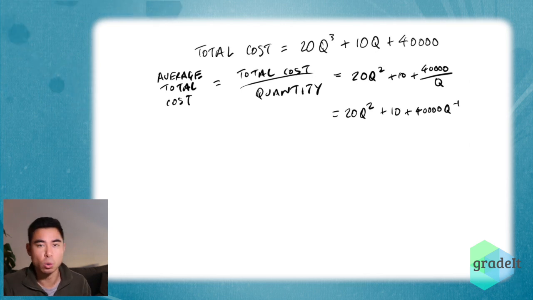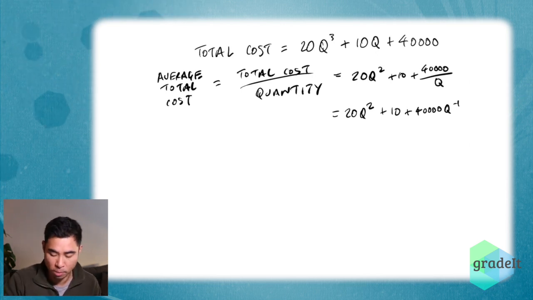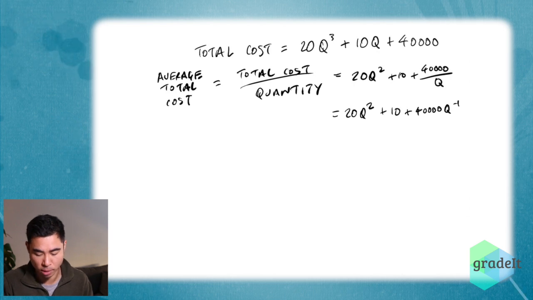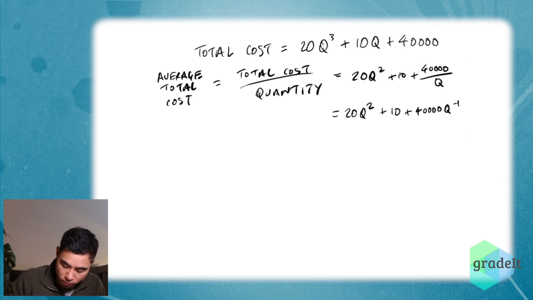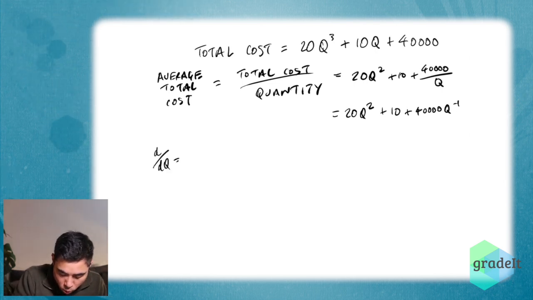Now we need to work out the quantity at which average total cost is minimised. So looking at your maximums and minimums, you set your first derivative equal to 0. So first of all we need to differentiate our average total cost with respect to quantity.